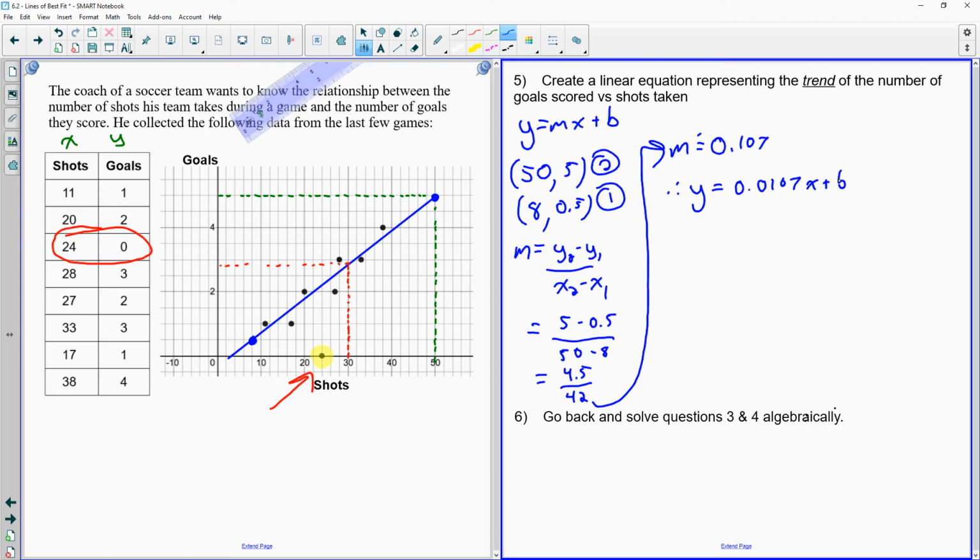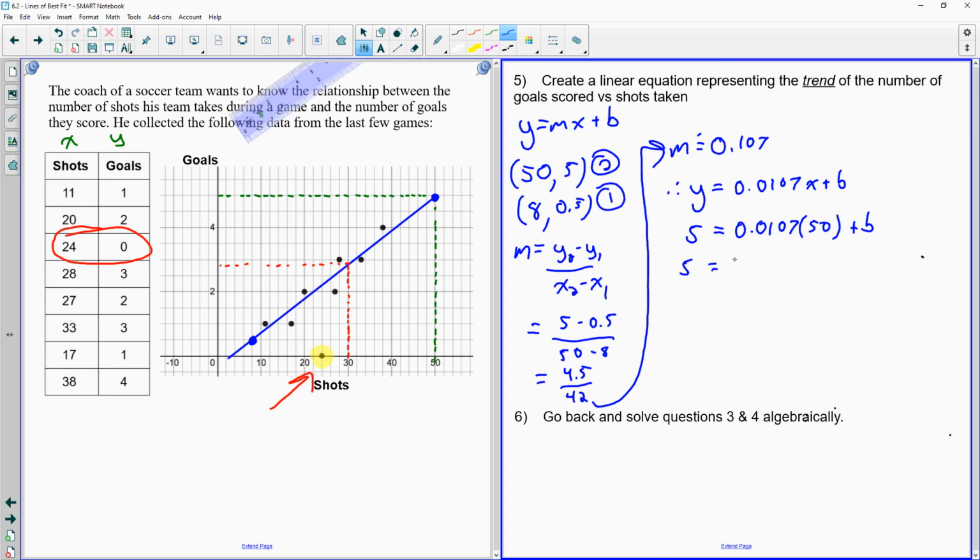In order to do that, I can choose either of the points that I just looked at, or I could choose a third point if I really wanted, and plug it into my equation. So I'm going to go ahead and use point 2. So my y value is 5. My x value is 50. So I have 0.107 times 50.